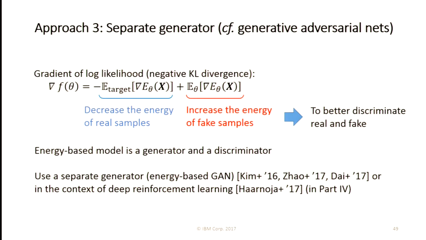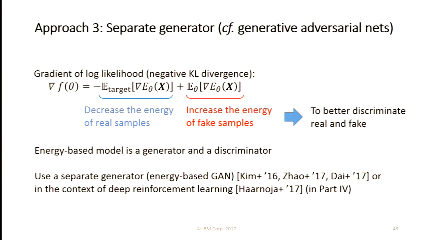So in energy-based models, the model acts both as a generator and a discriminator. But recent work on generative adversarial networks says that we should separate generator and discriminator. Another motivation is that for this energy-based model, the generator is intractable.